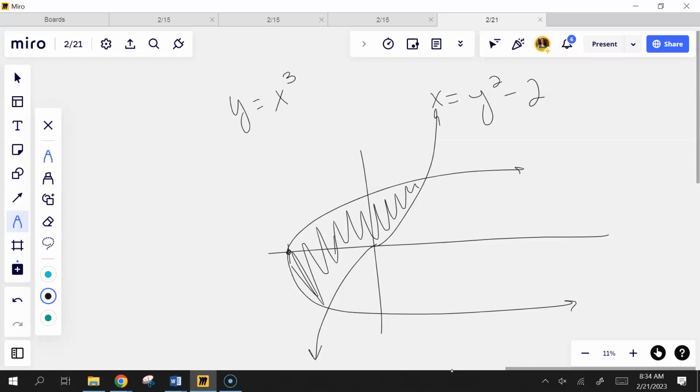Should I integrate with respect to y, or should I integrate with respect to x? Probably y. I probably would do this one with respect to y also. I can't otherwise. So to answer your question, Avery, I guess yes. That makes sense, what you said.